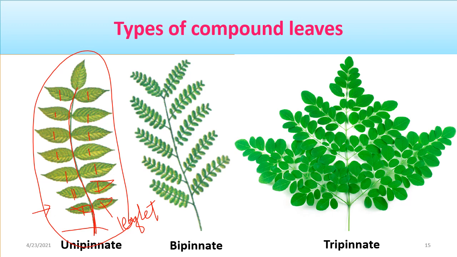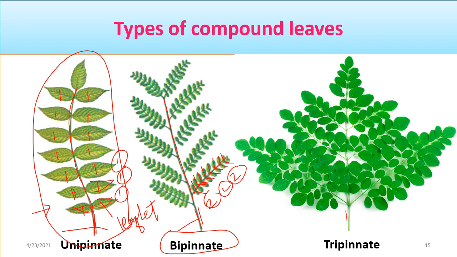Unipinnately compound leaf. If you look here, this is the rachis, this is the petiole, and here, as you have seen, they are in multiples of 1 each. Here they are in pairs: 2, 2, 2. So this is called bipinnate.